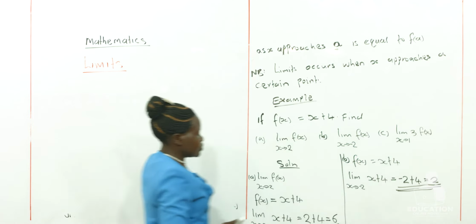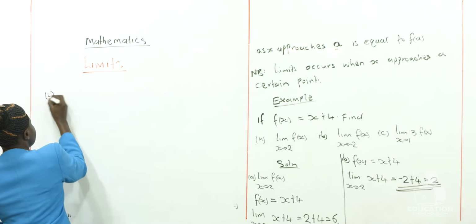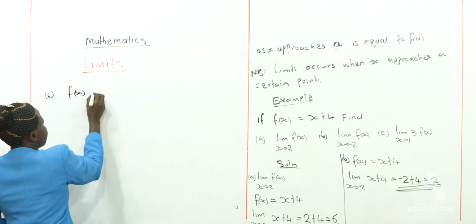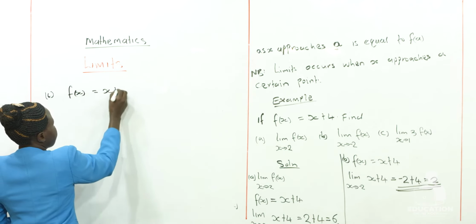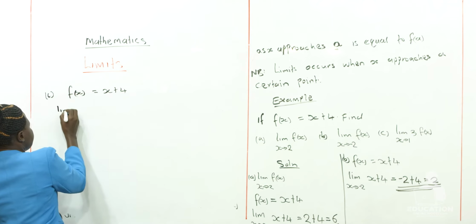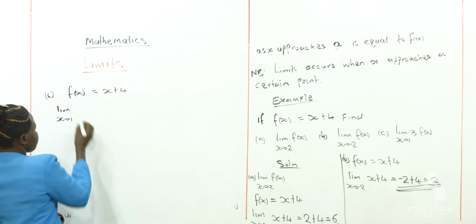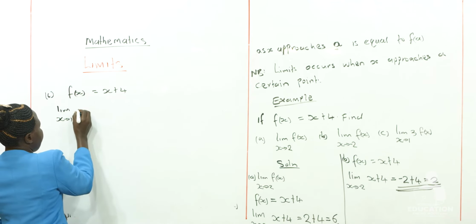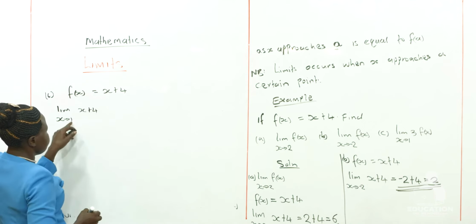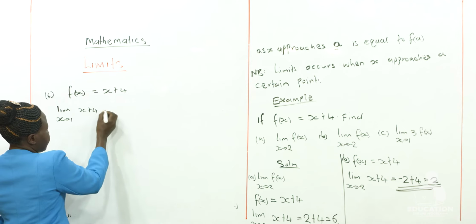So if you are to answer that one, then you come and say part C, I will have f(x) given as x plus 4. Now when it comes to limit, when x is approaching 1, we have x plus 4. What does it mean? Remember that there is a constant 3.